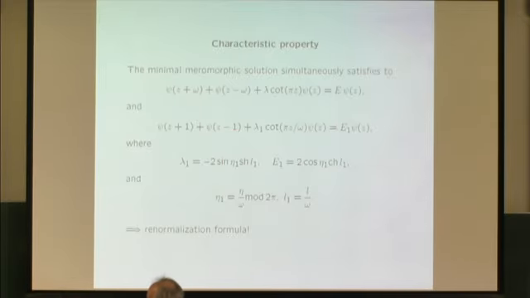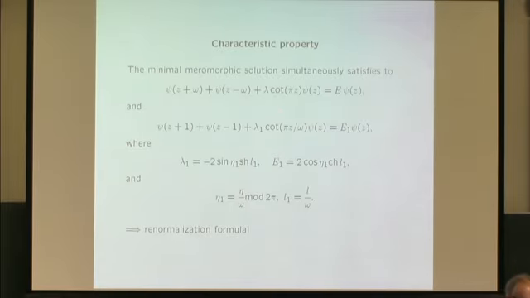This recalls the characteristic property of the function f, which was also satisfying two different difference equations simultaneously. You replace here omega by 1, lambda by lambda 1, e by e1. Just a few comments. What do we do to compute lambda 1 and e1 in terms of e and lambda? First, in terms of e and lambda, we compute the parameters L and eta.